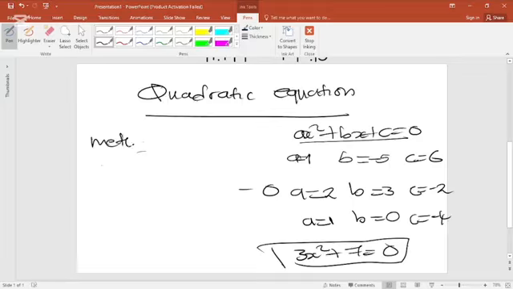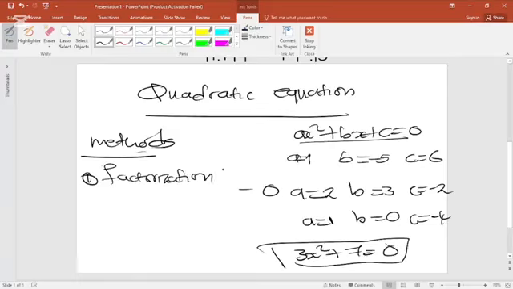The first one we have is the factorization method, and the second one we have is the formula method, which is preferred by most of the students. So the formula method is also one of the ways to solve a quadratic equation.